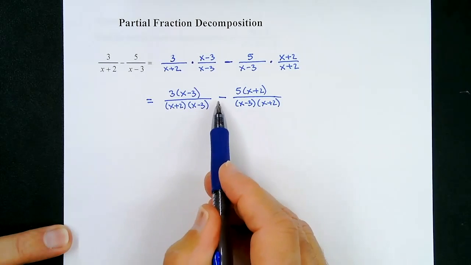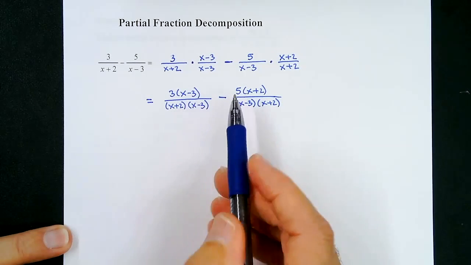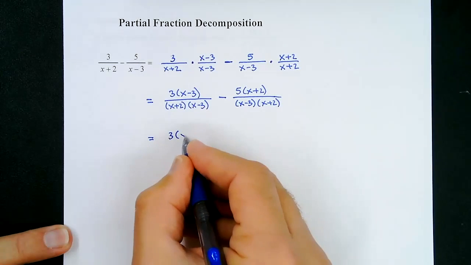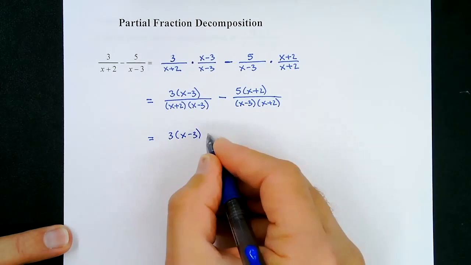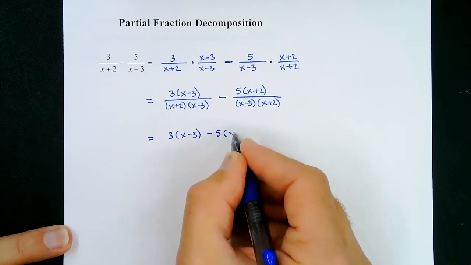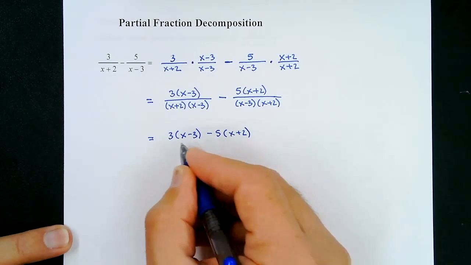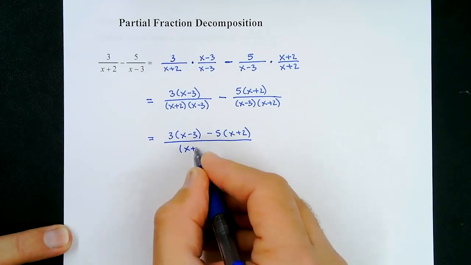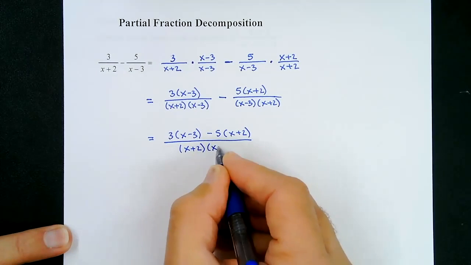So what we need to do now is subtract these two numerators from each other. So this winds up being 3 times x minus 3 minus 5 times x plus 2, all over x plus 2 times x minus 3.